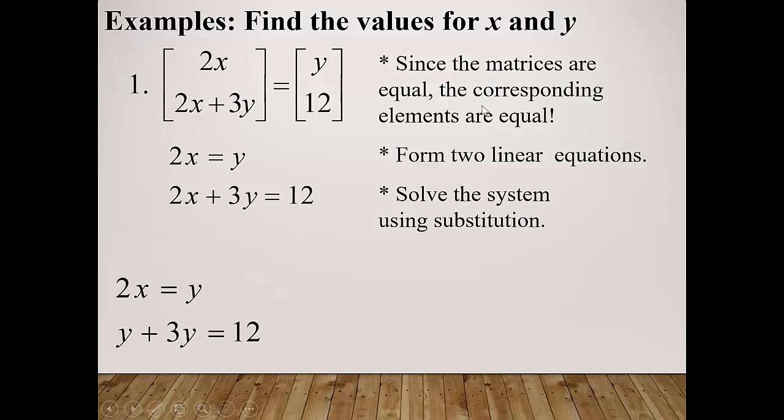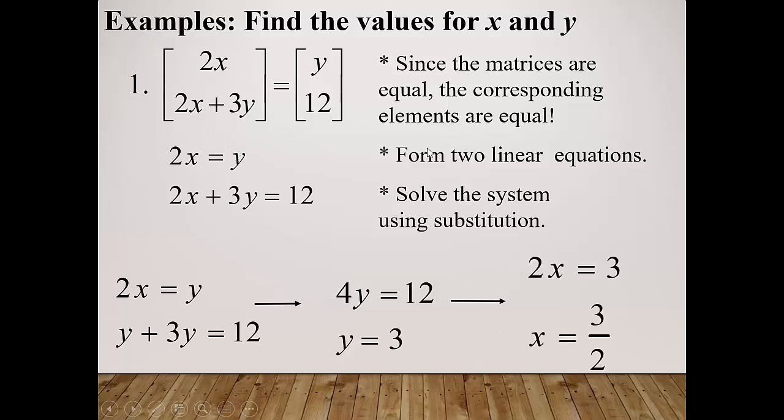So I'm going to plug in 2x for y, and I end up with 4y equals 12. I divide both sides by 4 and I get y equals 3. Now I can plug that 3 back in and solve for x. I divide both sides by 2, and I get x equals 3/2. So we know the solution to this system is 3/2, 3.